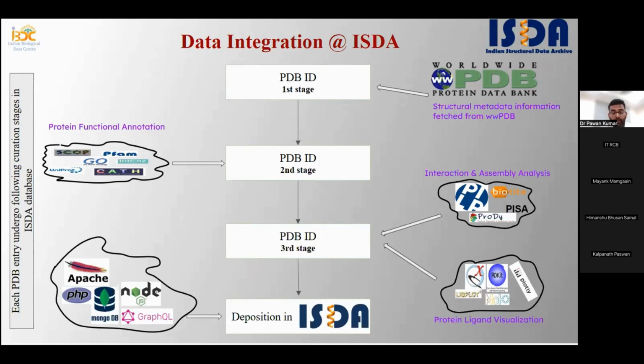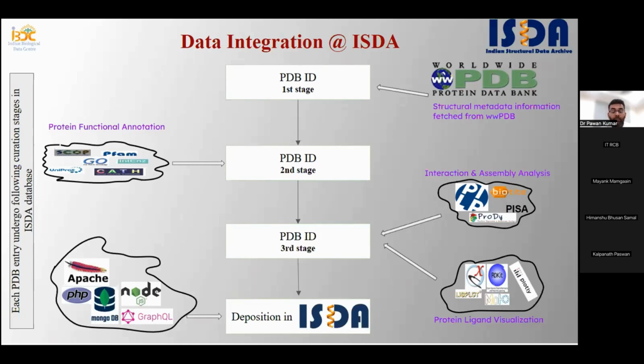We provide the protein structure image, protein-ligand, protein interaction image, as well as ligand image for more visual interactions at the portal level. And all this information passes to the ISDA database, so that the user can get all this information from one space.